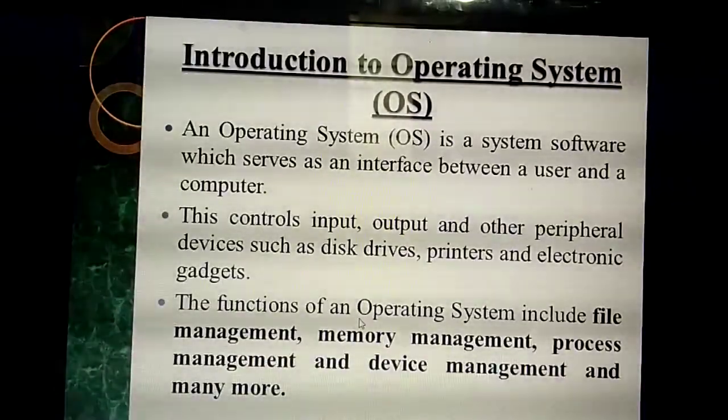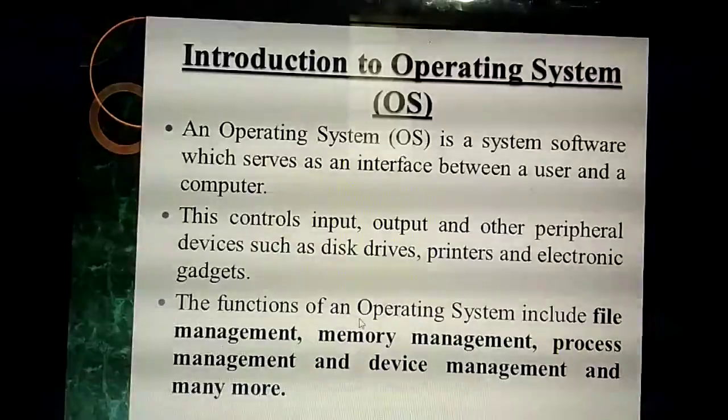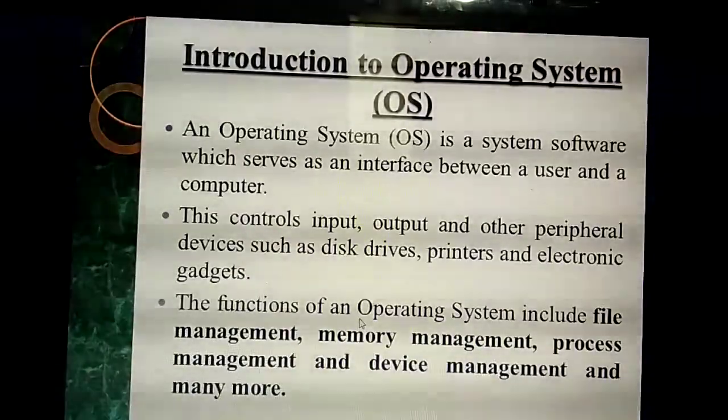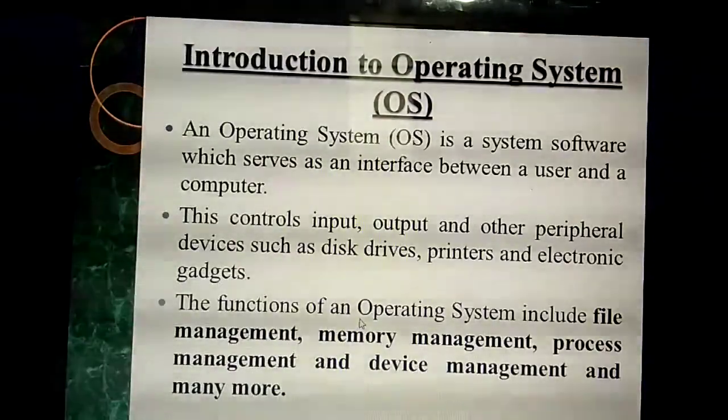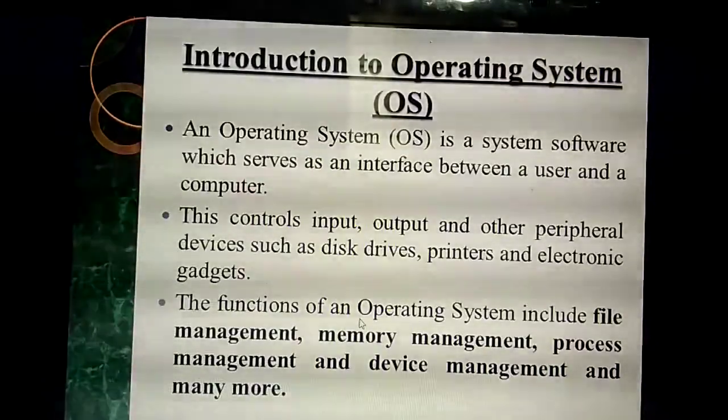Understand? For example, a particular person owns a big company, okay, or he owns a big institution. One person, so a lot of institutions are there. For example, medical institution, then engineering institution, arts and science institution, schools, etc. So for each and every section there is a separate management person.